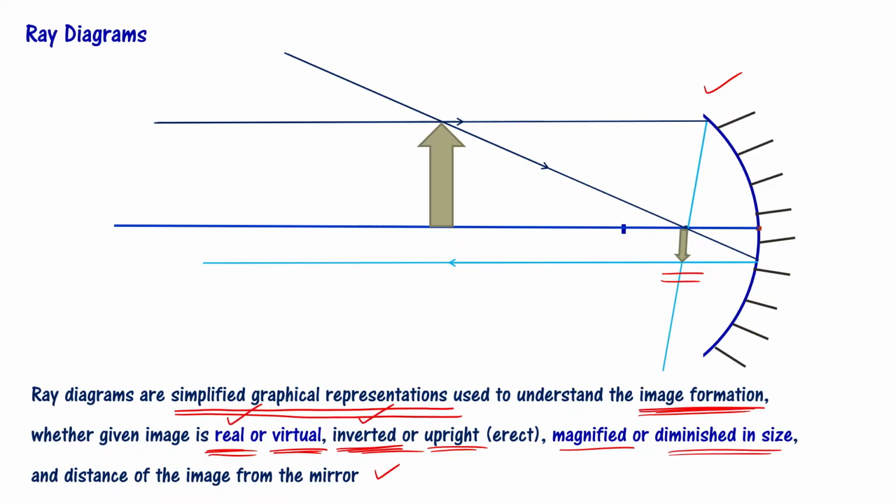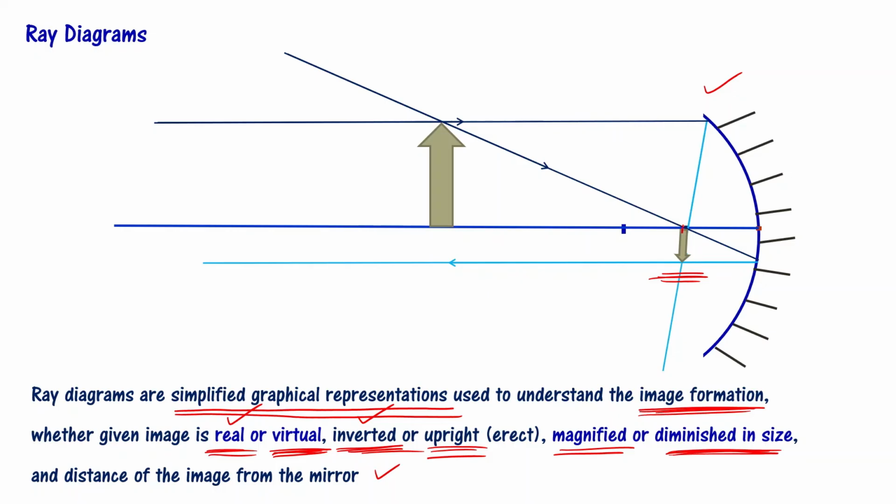Please note this. Inverted images are always real. Our real images are always inverted. Please note this. Okay? And virtual images are going to be always upright. Please note this. And the magnification is there or diminished in size. We have seen that in our case, the mirror image size is diminished.